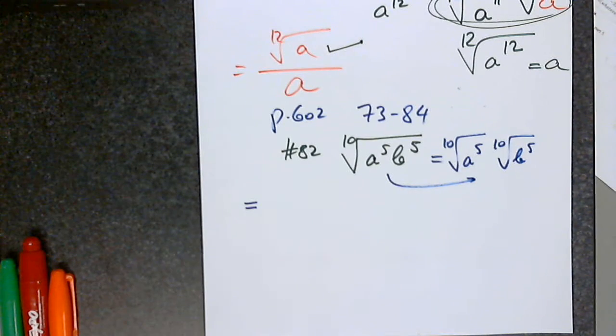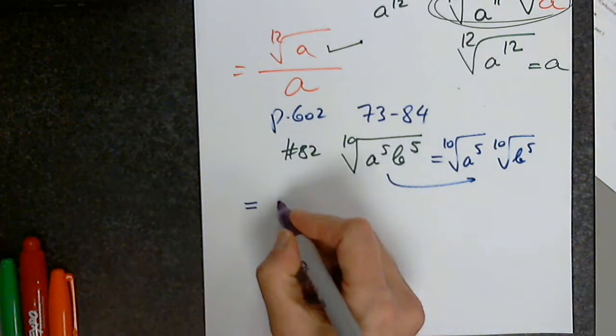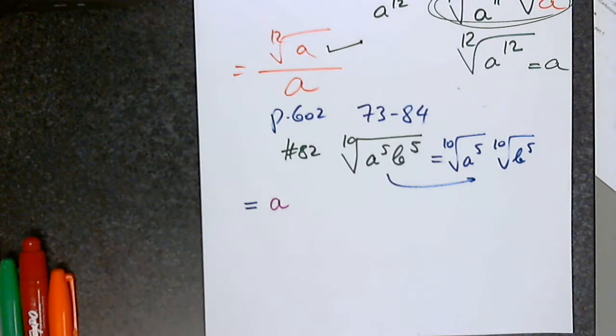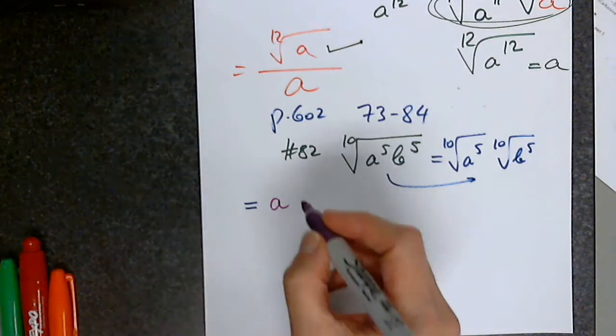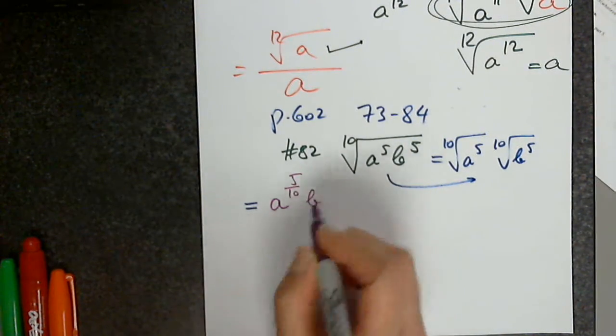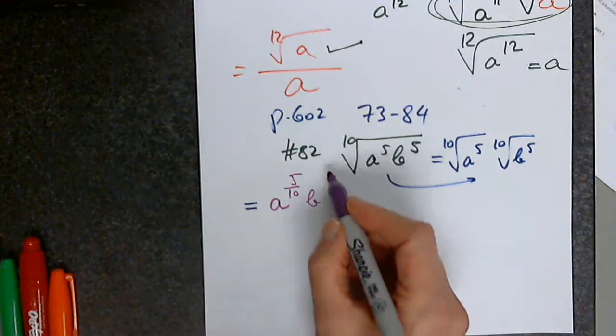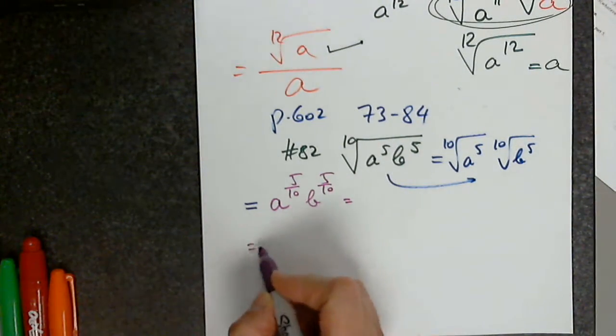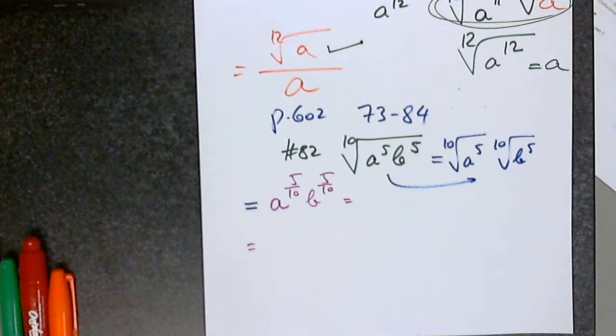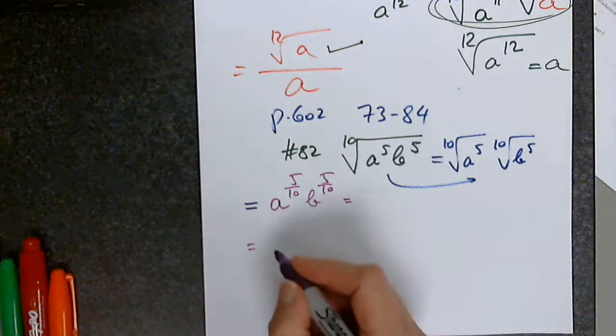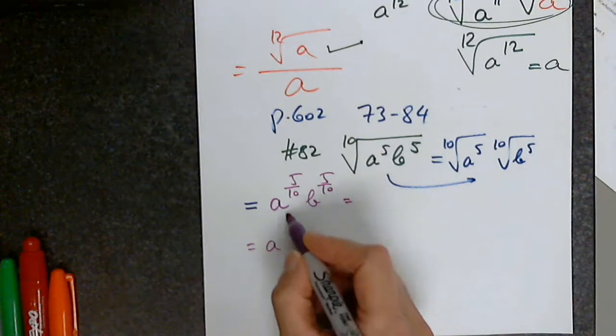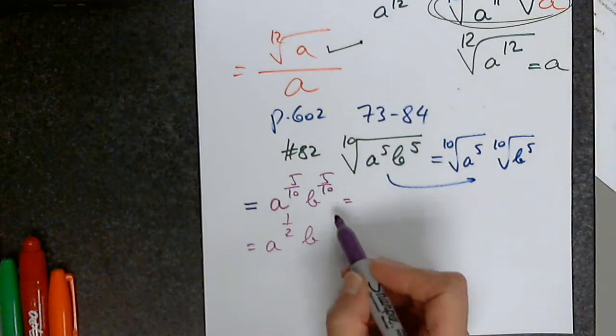Okay, now let's change these two into exponential notation. A raised to which power? 5 over 10. Right. And b raised to which power? 5 over 10. It turns out that we can simplify those fractions. 5 over 10 is the same as what? Exactly. And the same.